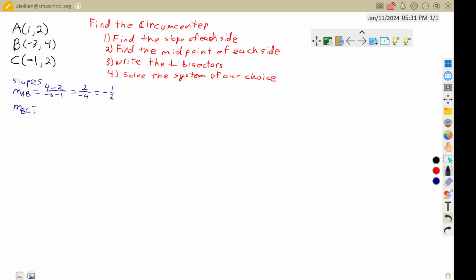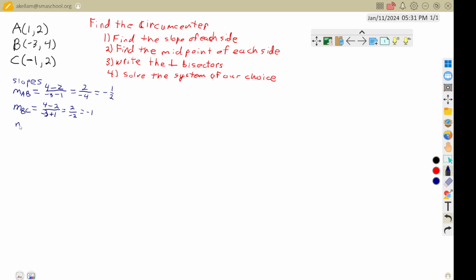So the slope of BC is going to be 4 minus 2 over -3 minus -1, which is just going to be plus 1. And that's going to give me 2 over -2, which will then be -1.